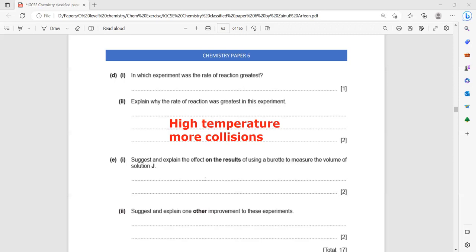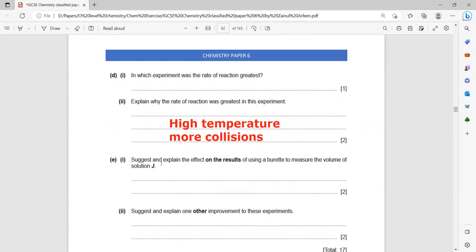Suggest and explain the effect on the result of using a burette to measure the volume of solution J. So what is suggest and explain? Usually on the time, it won't have an effect, not too much difference. For example, if you measure 30, or if it is 29 point something, on the time it won't affect too much.